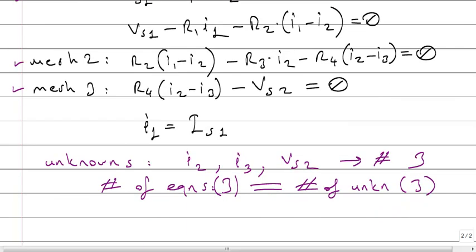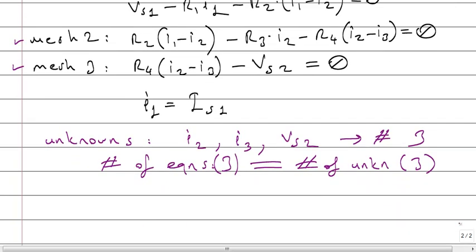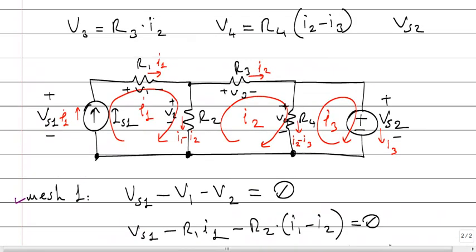So this system can be solved. Okay, you can solve this set of equations. 3 unknowns, 3 equations. So after finding mesh currents, okay, if you solve this system of equation, you will find mesh currents.